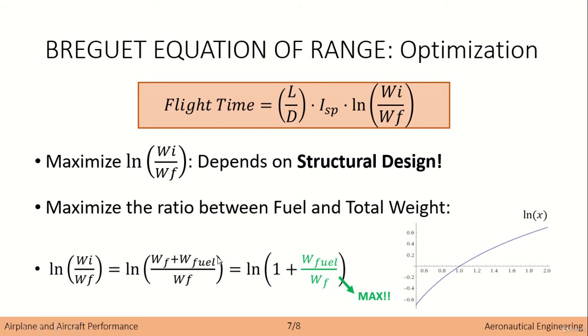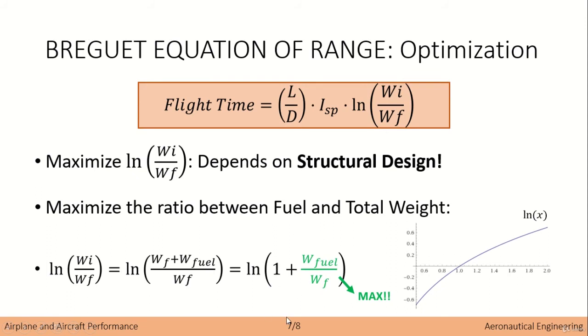So mathematically you can see that this term cancels with this one, right? But we still have the weight of the fuel divided by the final weight of the aircraft, right? And so what this means is that we get the Napierian logarithm of this function over here.